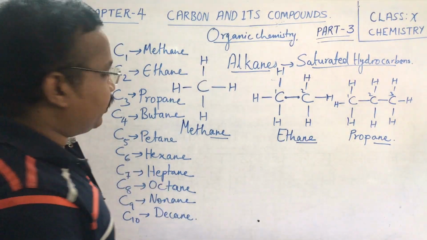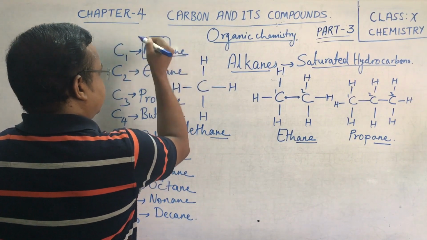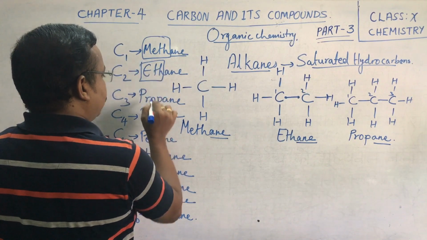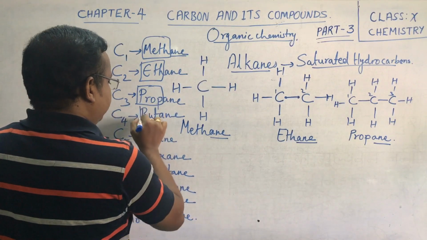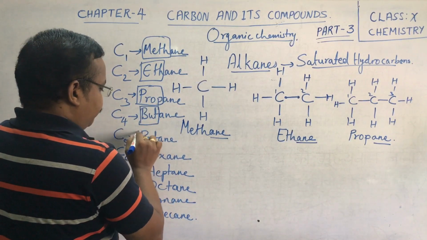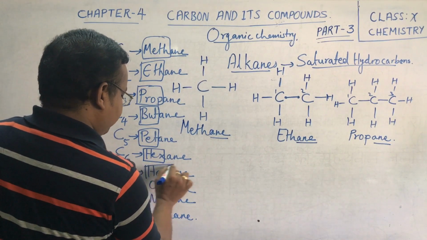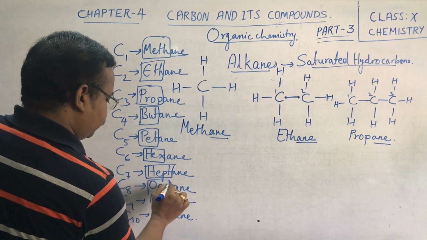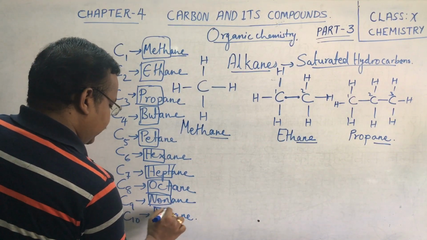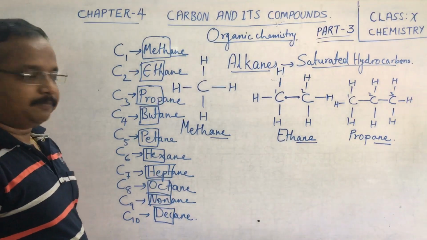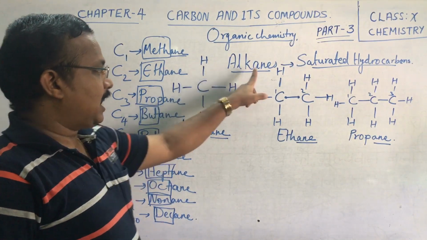So children, what you have to remember here is that you add ANE along with the word root: meth, eth for 2, prop for 3, but for 4, pent for C5, hex for C6, hept for C7, oct for C8, non for C9, and dec for C10. So this is the hierarchy of naming the alkanes.